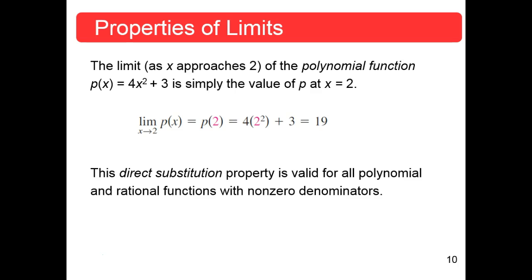So the limit of some polynomial function, like we just had, is plug in the 2 and you get, this one happened to have been that one. So plug in 2 squared. That's exactly what you did, the shortcut, right? That's right. Direct substitution property is valid for all polynomial functions and rational functions as long as... What's the difference in a polynomial function and a rational function?